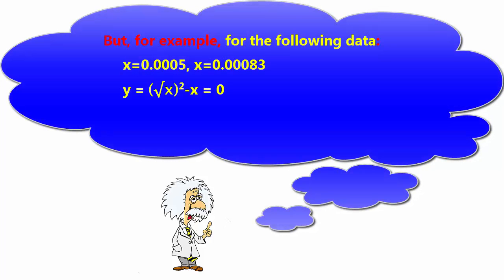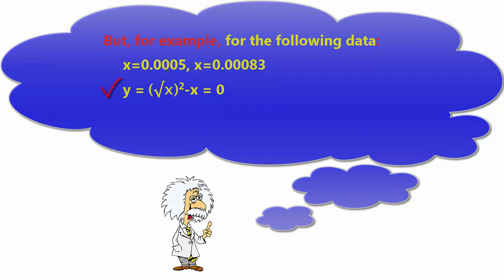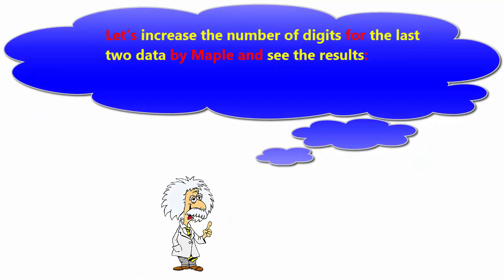But, for example, for the following data, if x equals 0.0005 and x equals 0.00083, then, when we use the default value of digits, 10 digits, y is not 0. Let's increase the number of digits for the last two data and see the results.